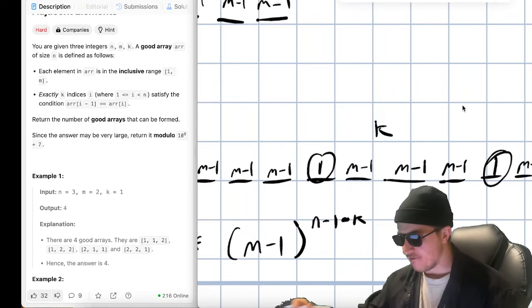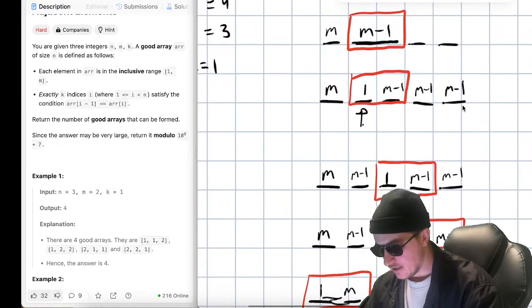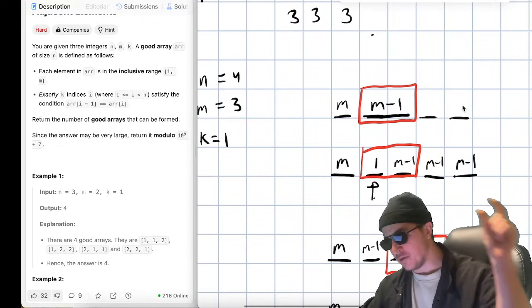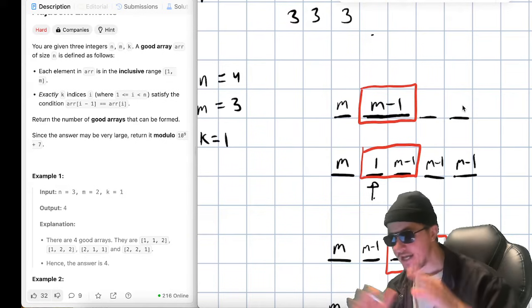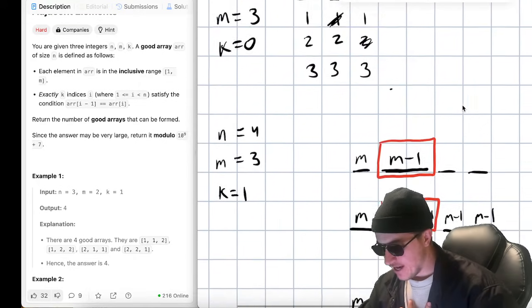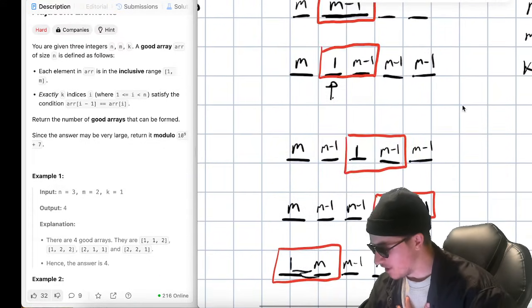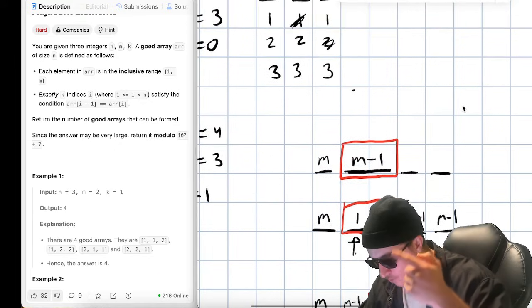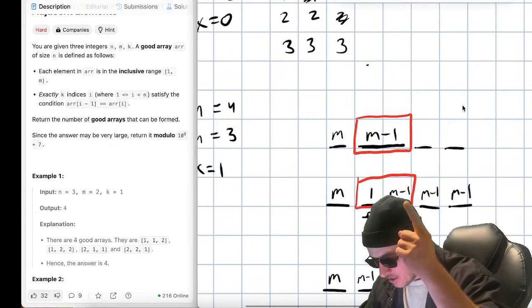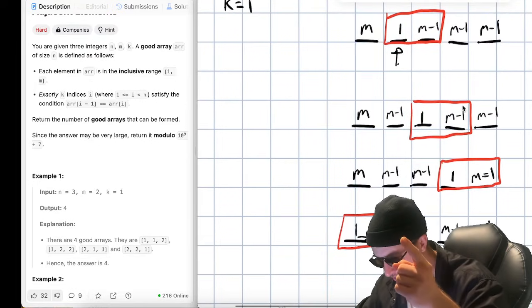But then the final thing is how do we take care of where the k is going to be? How many ways can we move these k's around? Because right now, this only accounts for one example. We have multiple examples where maybe the k's are over here, or over here, or over here.